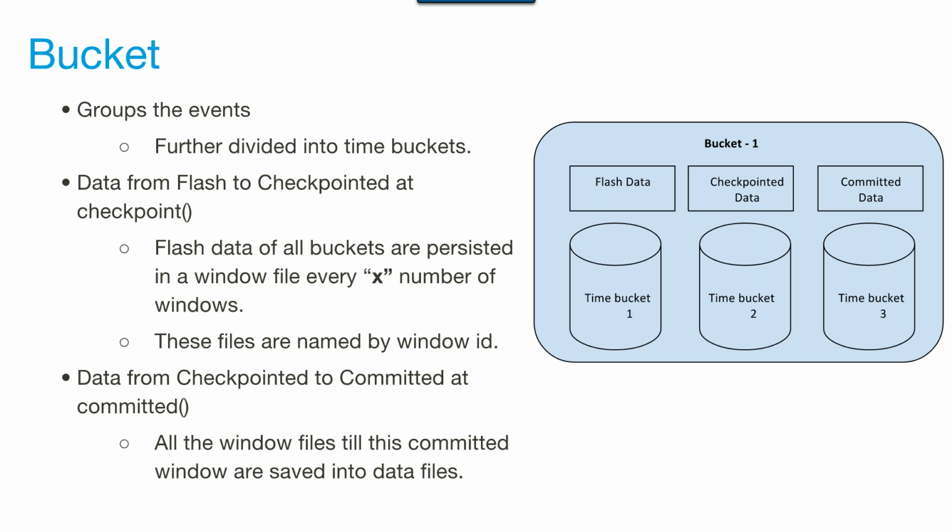On the right hand side, you can see the key bucket, and these are the time buckets. In a key bucket we have different layers. One is the memory layer and the other is the disk layer. In memory we have different components like flash data, checkpointed data, committed data.